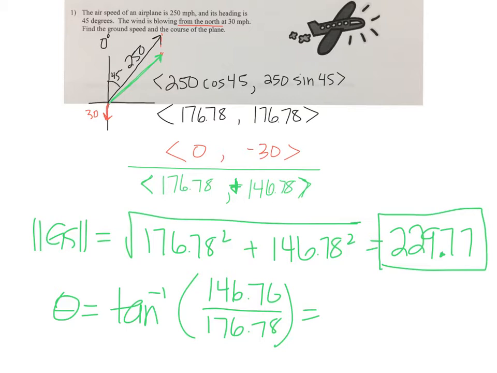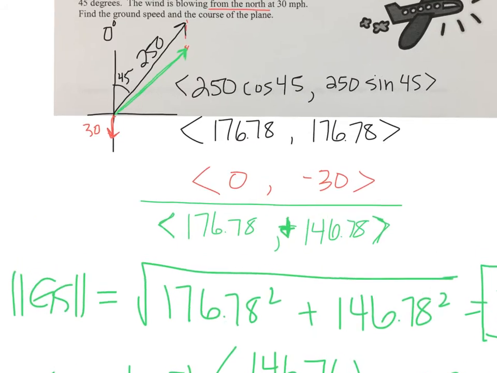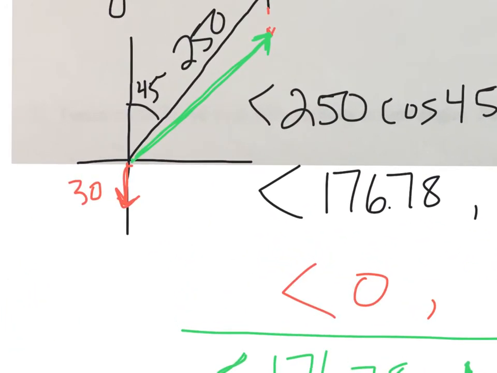And this will give us the angle formed with the x-axis. Okay, and I'll explain that in a second once I calculate it. That turns out to be 39.7 degrees. Okay, so 39.7 degrees is the angle formed with the x-axis.